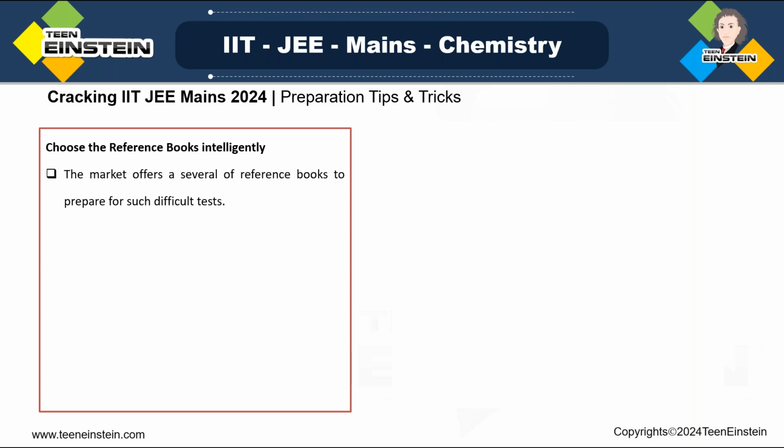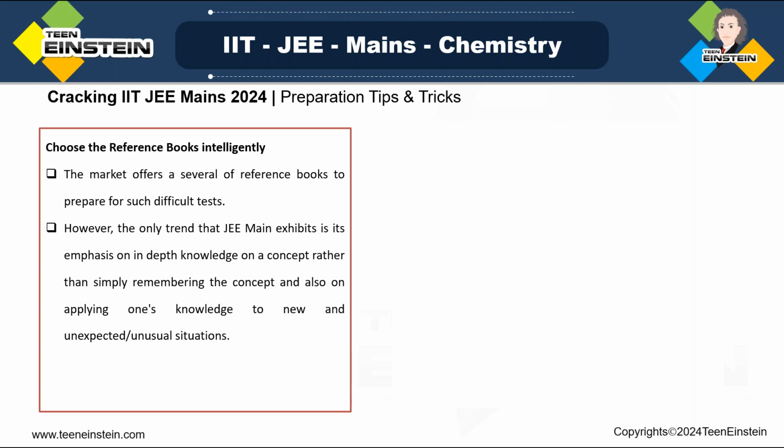In the market there are so many reference books available for such difficult tests. If you are really confused, the easiest way is to start from NCERT, because if you are a beginner in this field, it will help you. NCERT books are very easy to read, and once you have finished them, you can go for some other books.